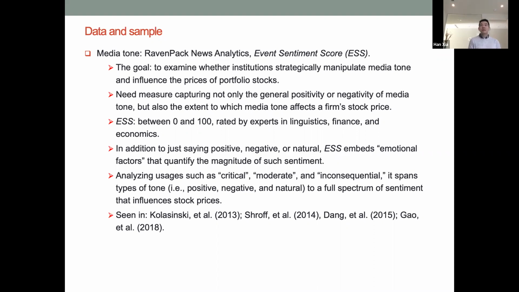Now let me say a few words about this measure. This is a continuous measure between 0 and 100. What's special about it is that in addition to just saying whether an article is positive or negative, it embeds what they call an emotional factor, which quantifies the magnitude of these sentiments. For example, they look at the usage of words like critical, moderate, or inconsequential, and how heavily the article uses these words.